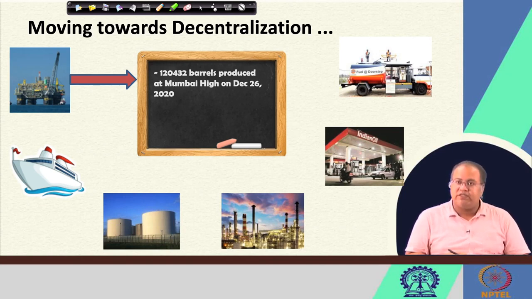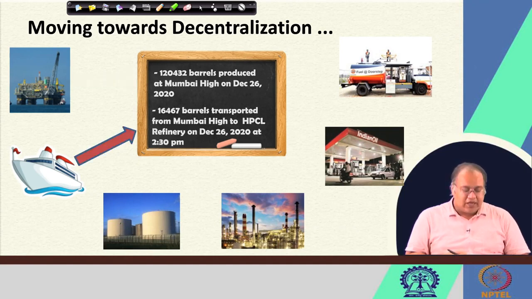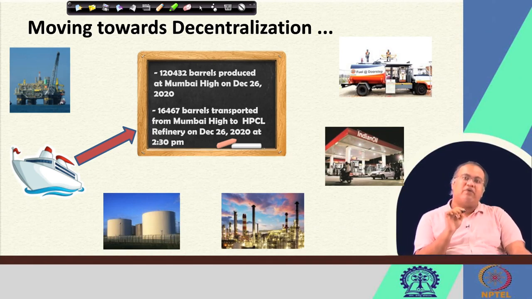When the distributor distributes this crude oil to different organizations or different crude oil storage, they put up information saying that 16,467 barrels were transported from Mumbai High to HPCL refinery on December 26, 2020 at 2:30 p.m. Whatever information you put on that blackboard, everyone can see.